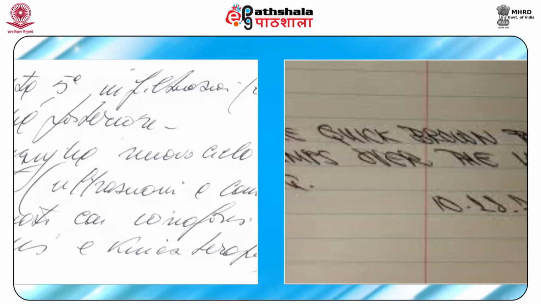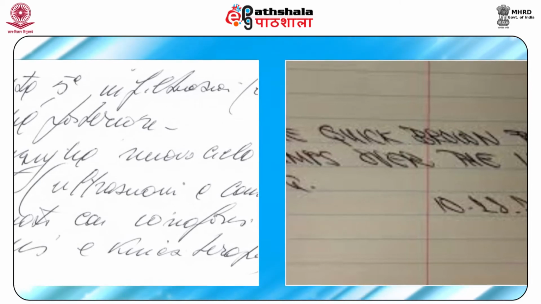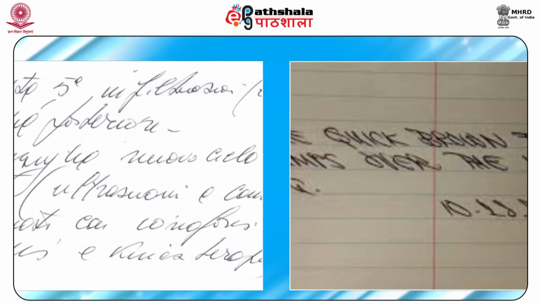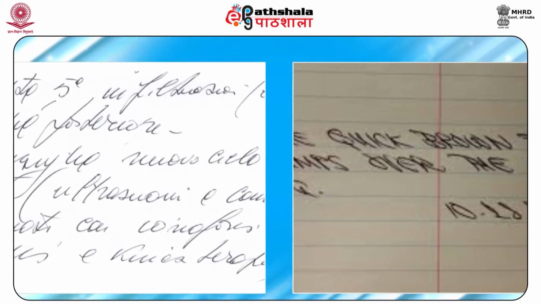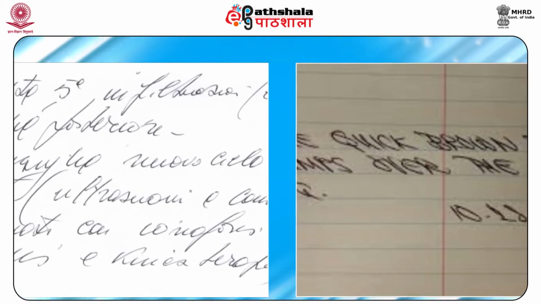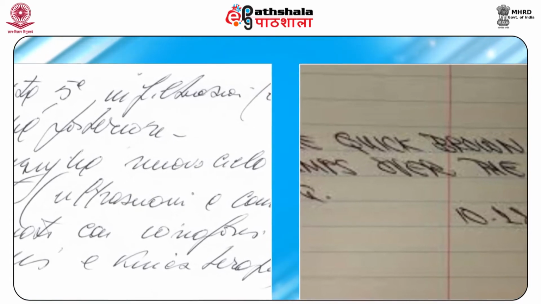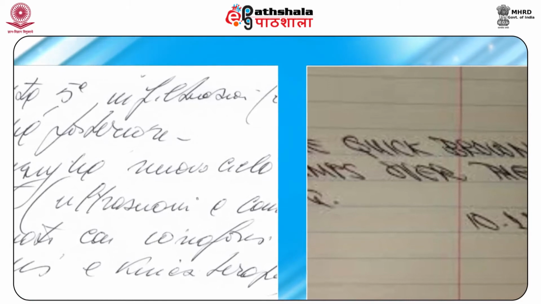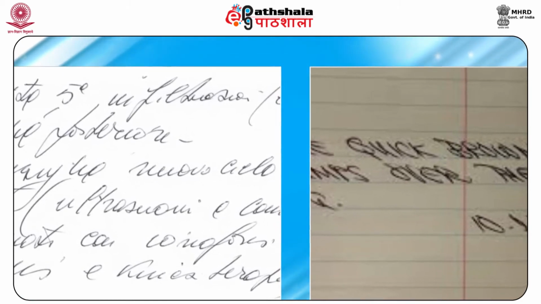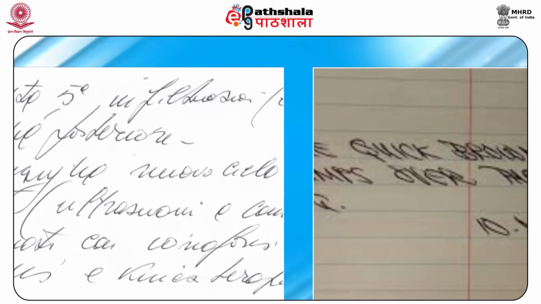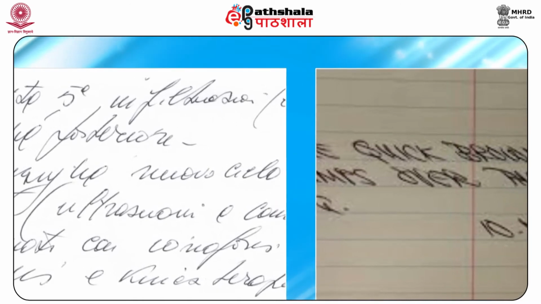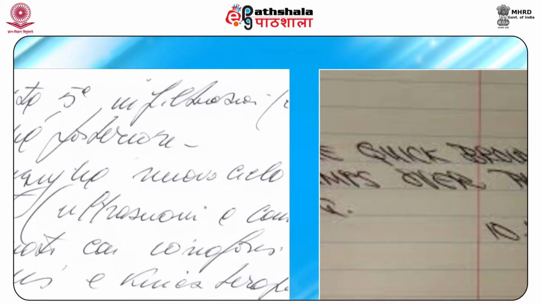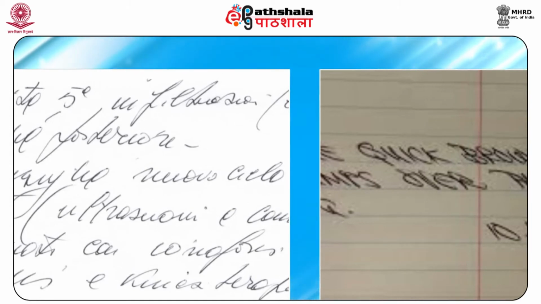When the difference in slant in two writings of considerable length is slight, that is, not more than 10 to 15 degrees, and this difference is consistently maintained, then this points towards the non-identity of writing and not disguise.